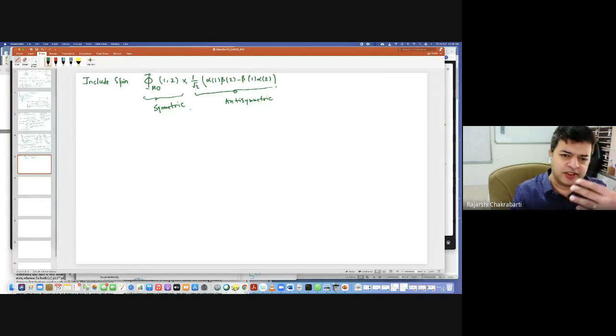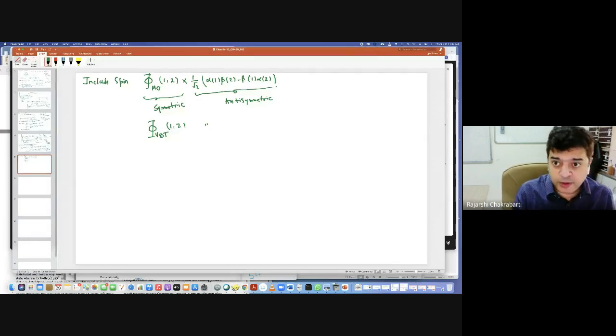Is this clear? And the same thing will happen with VBT. You can do it with VBT. It will happen the same. In case of VBT also, you do the same thing. Go and check yourself. Now I come back to this covalent and this thing.